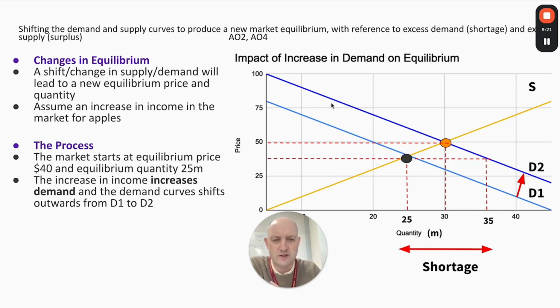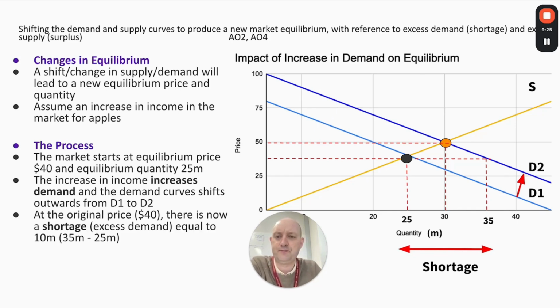This is what we spent a lot of time on in 2.1 when we went through demand. Now, this is the key thing. At the original price, the price hasn't changed yet. All that's happened is that the demand curve has shifted outwards, and at all prices, people want to buy more. At this original price, we're now going to see that quantity demanded is not equal to quantity supplied.